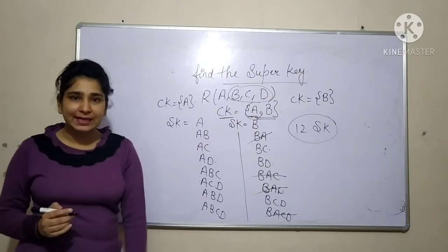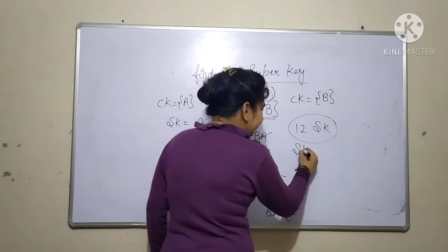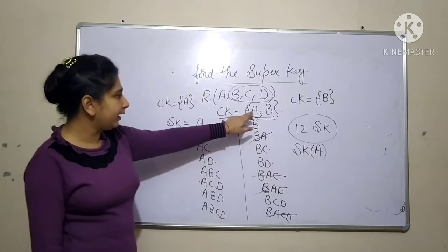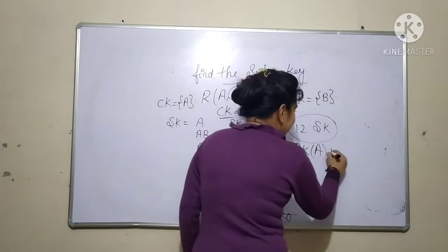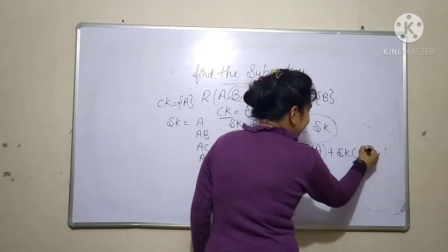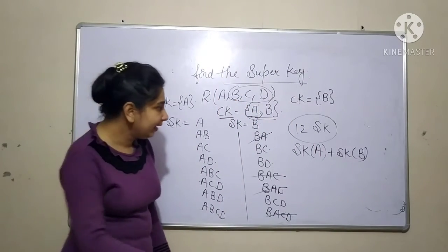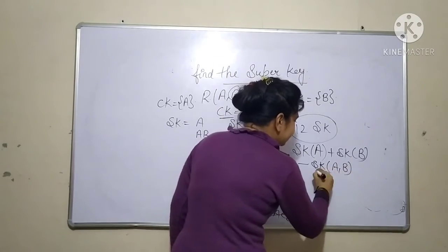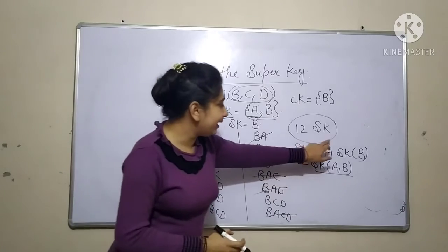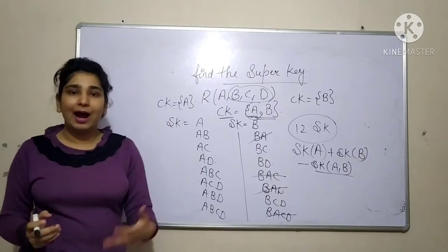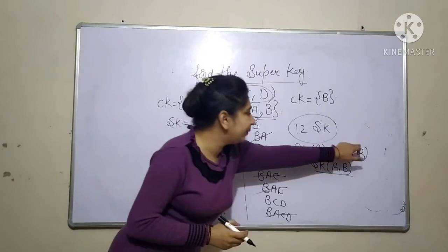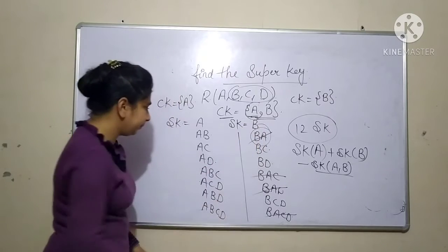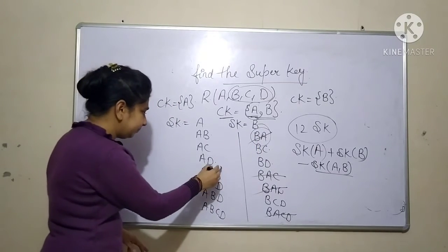If we have two candidate keys, firstly find the super keys of attribute A, plus the super keys of candidate key B. Then we subtract the super keys in which both A and B are included. If you look at AB, in this we also have AB.